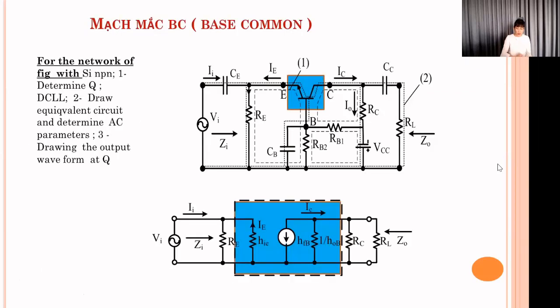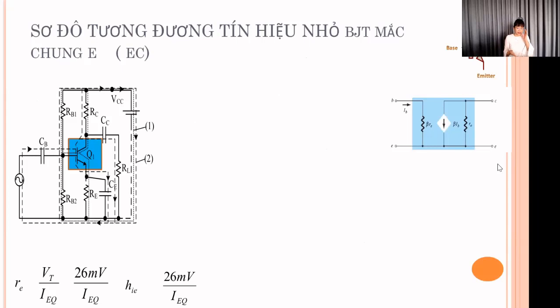Given the network in the figure, you can see it is very easy, right? The first question, I won't repeat. And the second question is the equivalent circuit for the BJT amplifier with the emitter configuration.